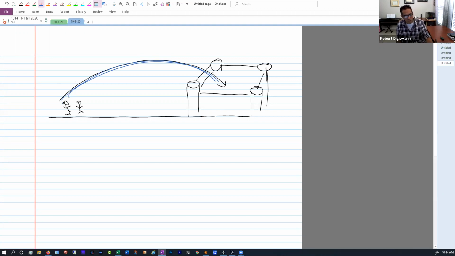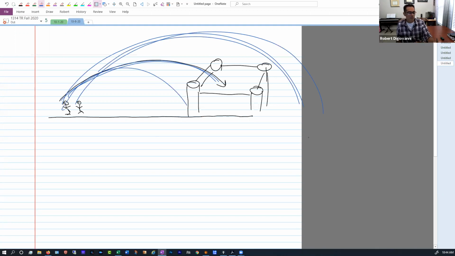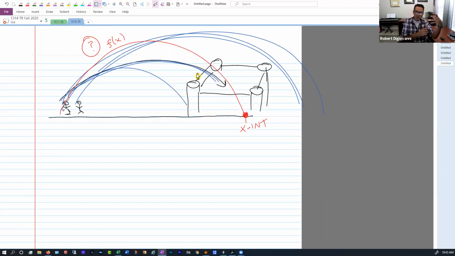So instead of arbitrarily lobbing and hoping to hit where you wanted, once we understood the math, we could say, we want to hit that red dot. That red dot is an x-intercept of a parabola. It's where the parabola hits the x-axis. So maybe we can figure out what function would draw that parabola. In other words, we could set our catapult to fit the model for the quadratic that would make sure it hits there.